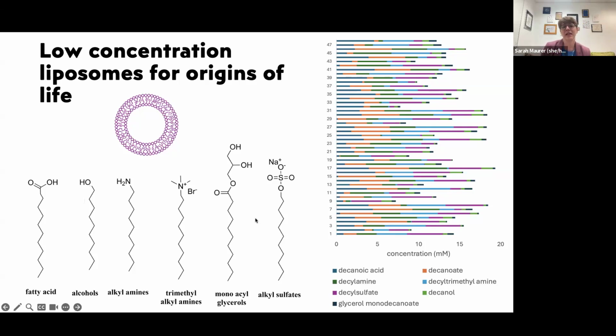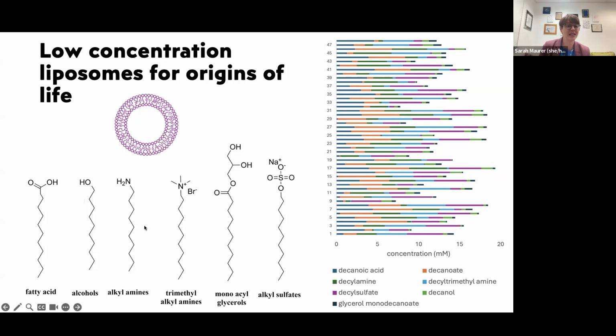We also are using decyl sulfate as another negatively charged molecule because the decyl phosphate hydrolyzes pretty quickly. And so instead of using the decyl phosphate, we're using the alkyl sulfate. Also, decyl phosphate is not commercially available.